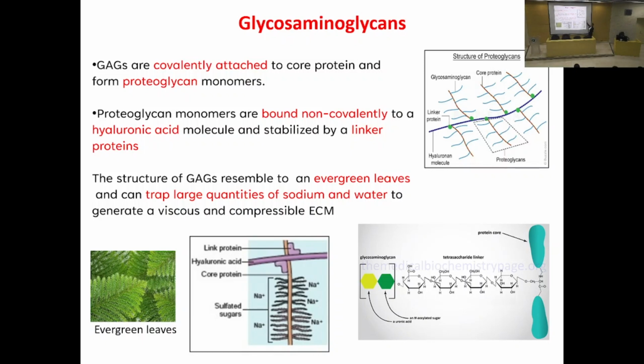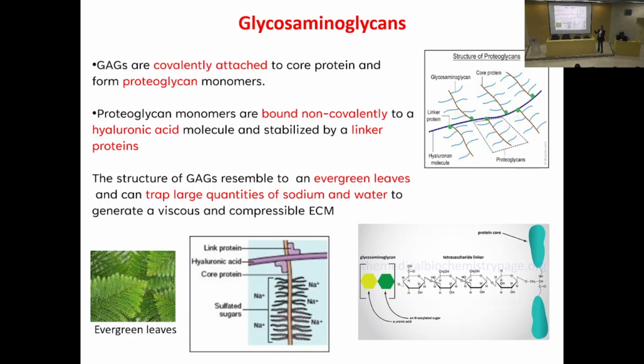The whole structure is attached to another molecule, here the purple one, which is the hyaluronic acid molecule. Okay? You heard about hyaluronic acid molecule, right? So this is the molecule to which the whole units of proteoglycan are attached. Clear?